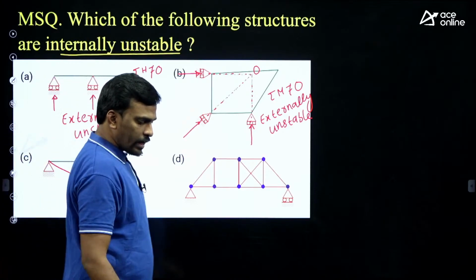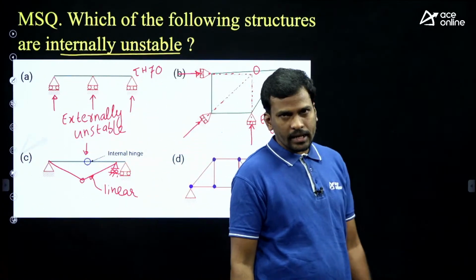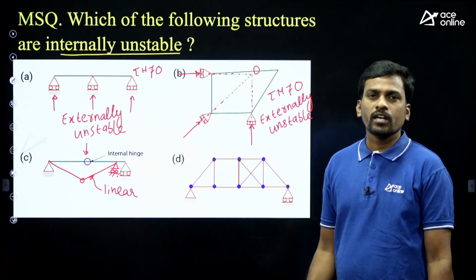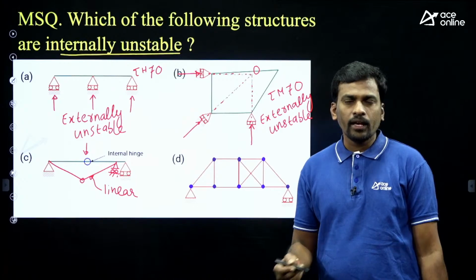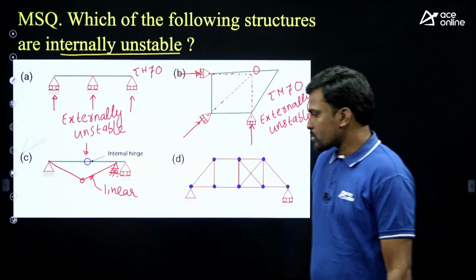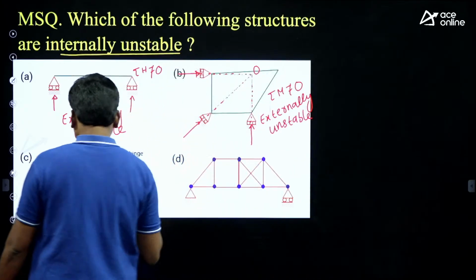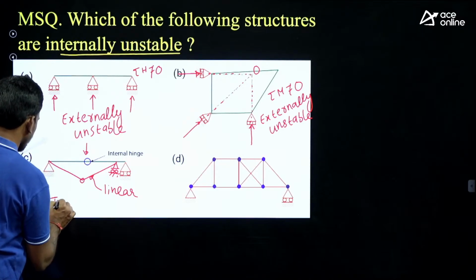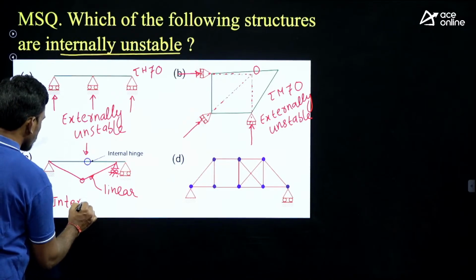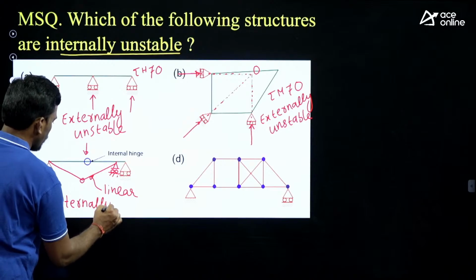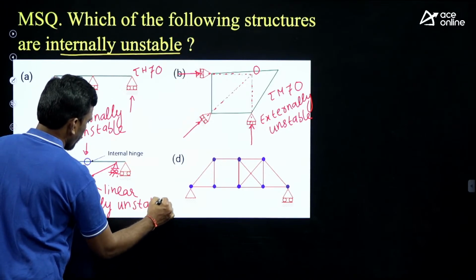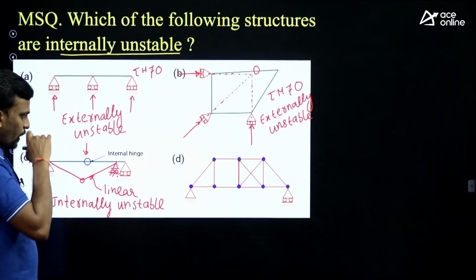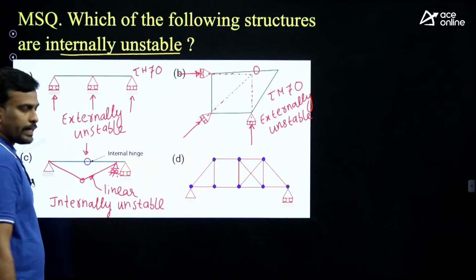If the variation of the deflected profile is linear, then it is called unstable, right? Yes or no? The variation of the deflected profile is linear in a mechanism. So here this is internally unstable. Right. Then option D.